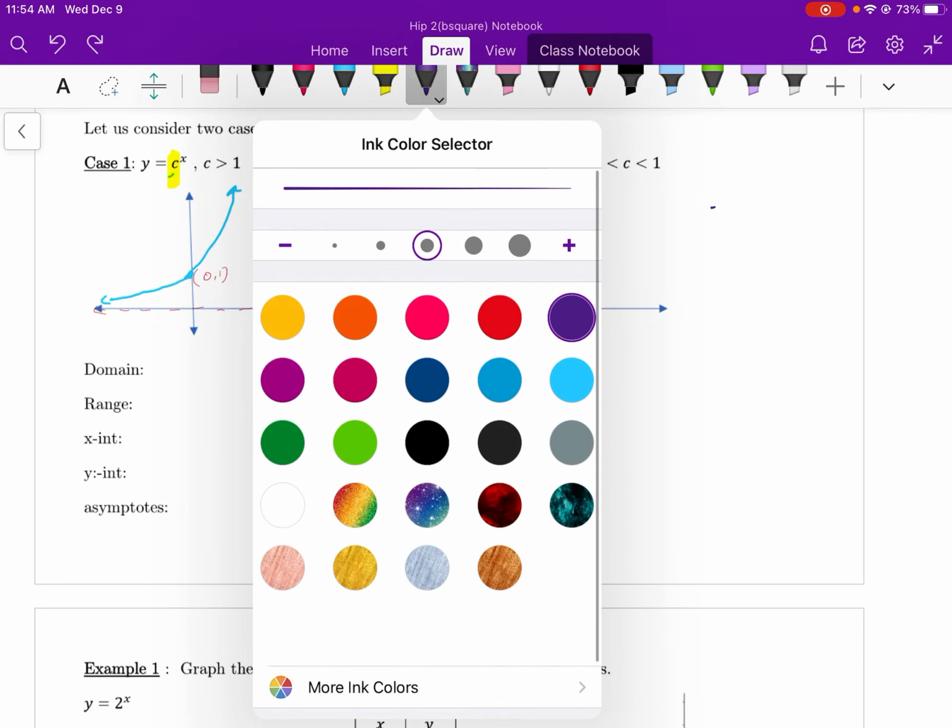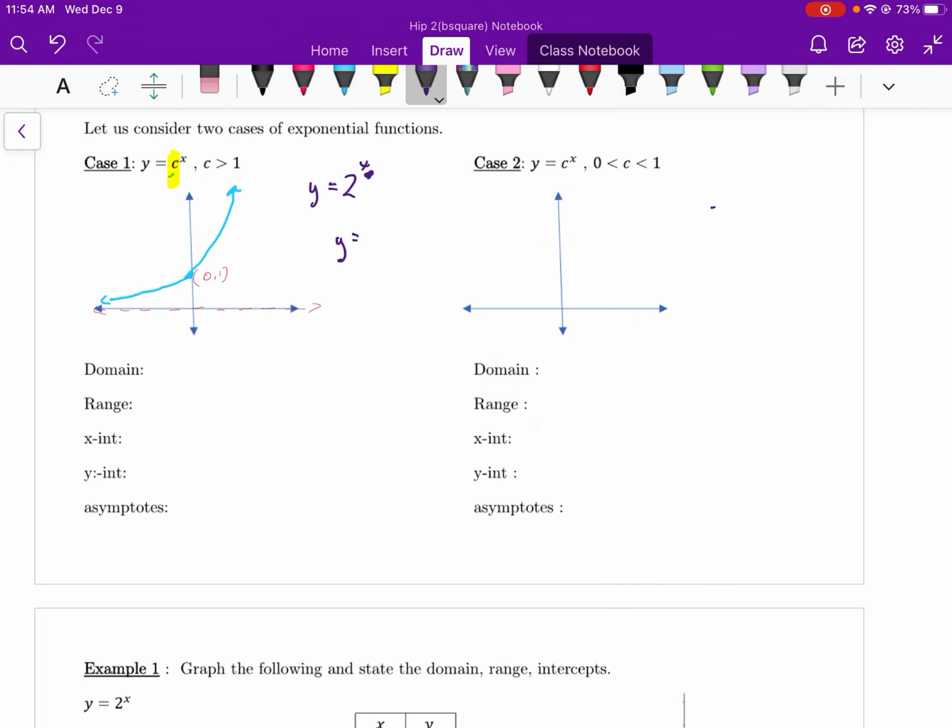However, if I ask a question, y is equal to 2 to the power of x. Can you think of any x value in which y would be negative? No, there's no exponent that is possible to make y negative. All right, so this is case 1.